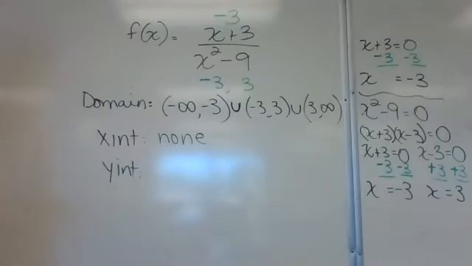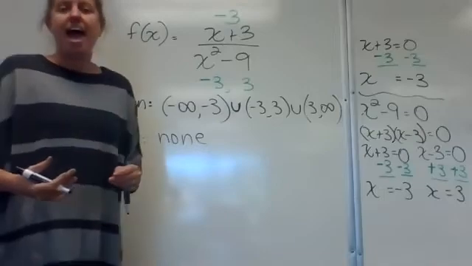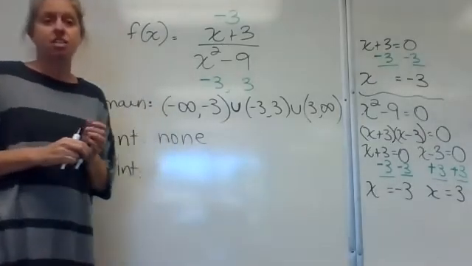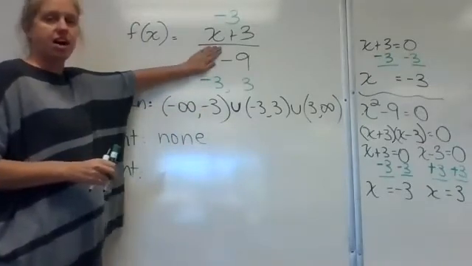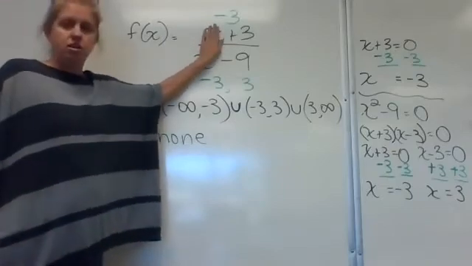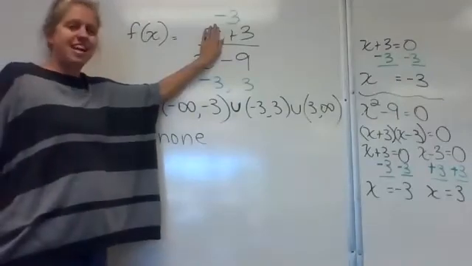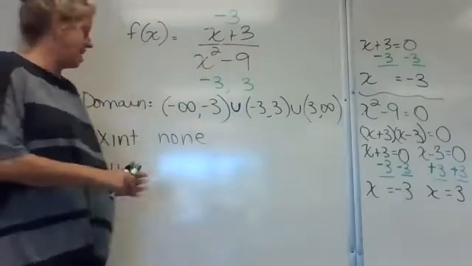The Y-intercept is what is left after you replace all the X's in the function with zeros. What I like to do, because what happens if you replace an X with a 0? It just knocks out its term, doesn't it? So just picture what's left when you cover up the X's. You've got 3 over negative 9.